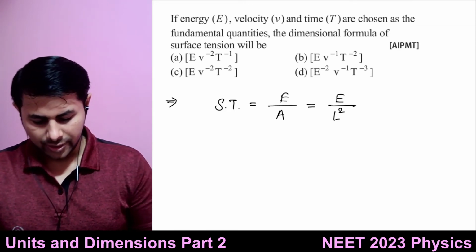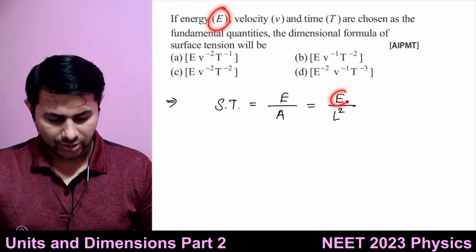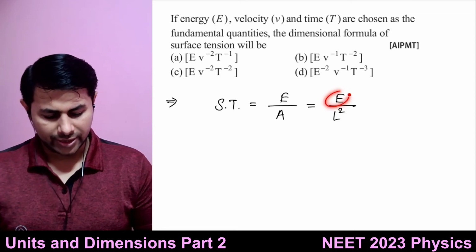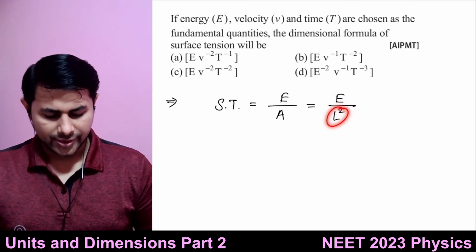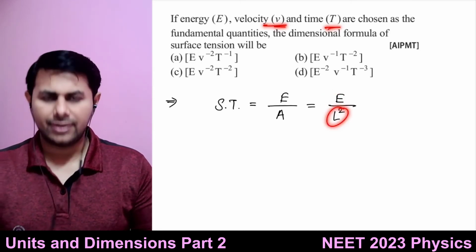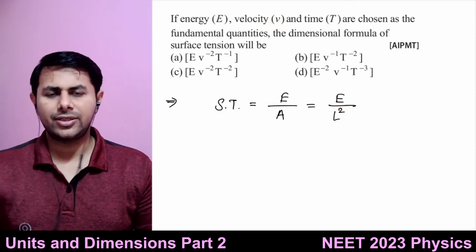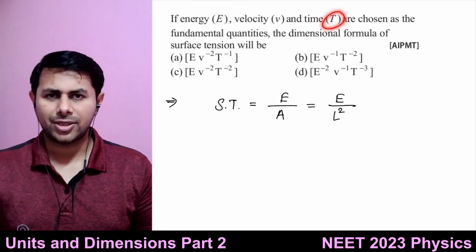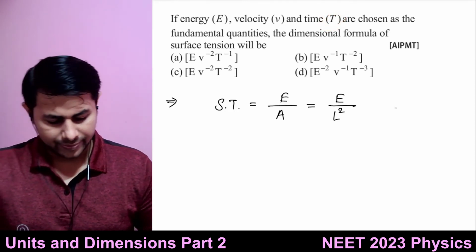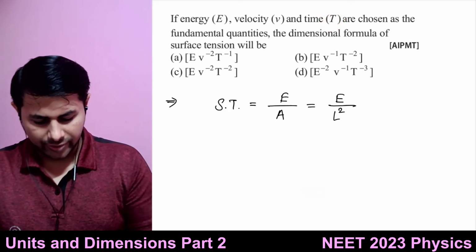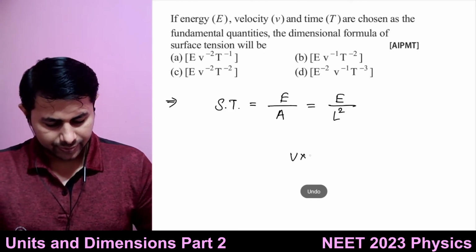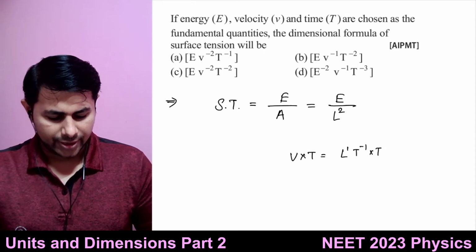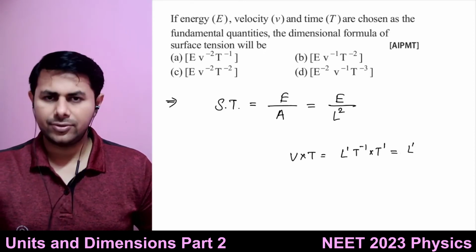So I have got energy, so I will keep it. In this formula also I have got energy, so I will keep it, and I have to manage L square from velocity and time. Velocity is L1 T raised to minus 1, time is T raised to plus 1. So velocity multiplied by time is L1 T raised to minus 1 multiplied by T raised to 1, so that is L raised to 1.